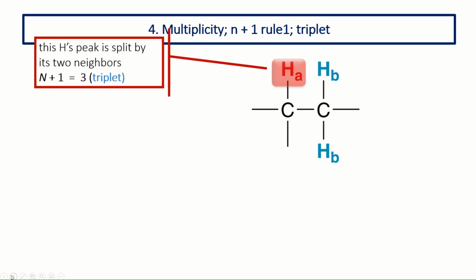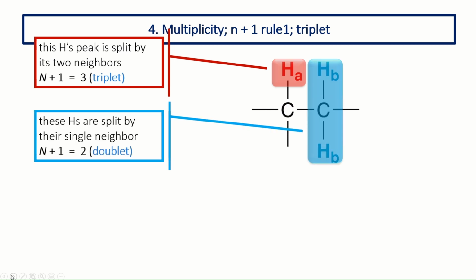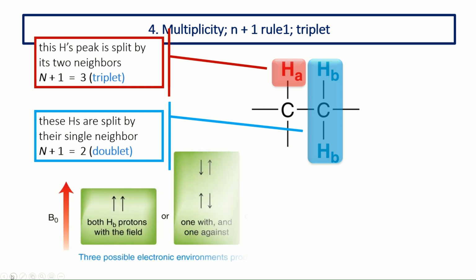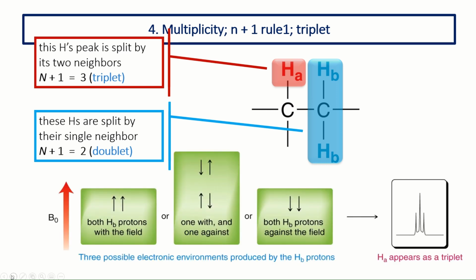Imagine a situation like this. HA is next door to 2 protons of HB. It will be split by its 2 neighbors, n+1 equals a triplet. On the other hand, HB will be appearing as a doublet. This is what HA would look like.